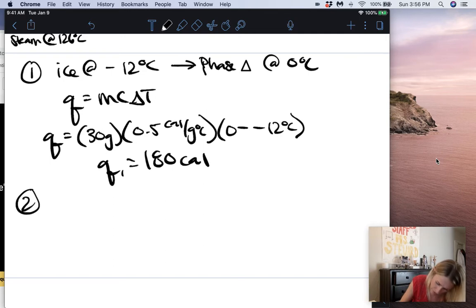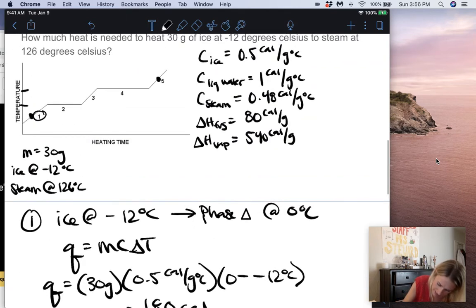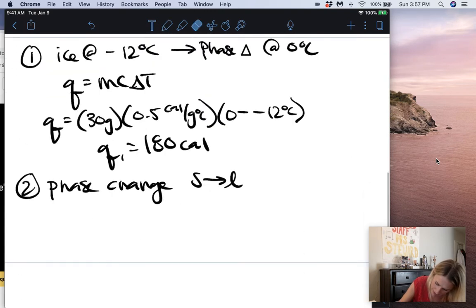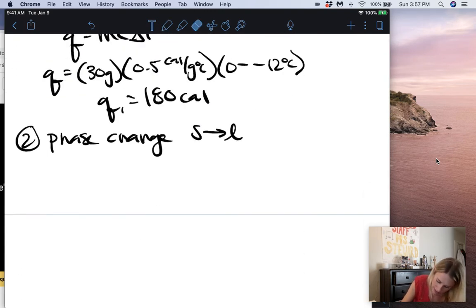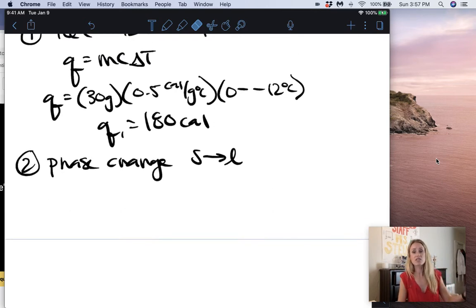So number 2, we now have the phase change from solid to liquid. All right, so that is this part right here, this number 2. That's what I'm talking about. So phase change from solid to liquid, I know that I cannot use Q equals MC delta T because there is no change in temperature when we change phase.